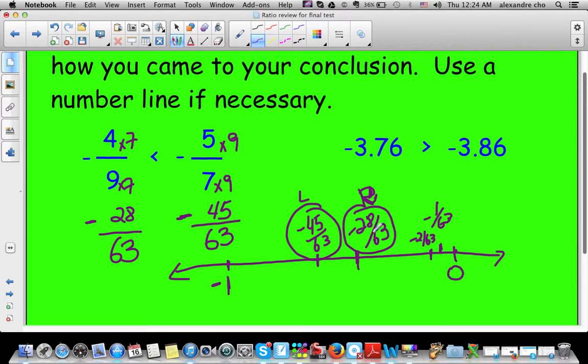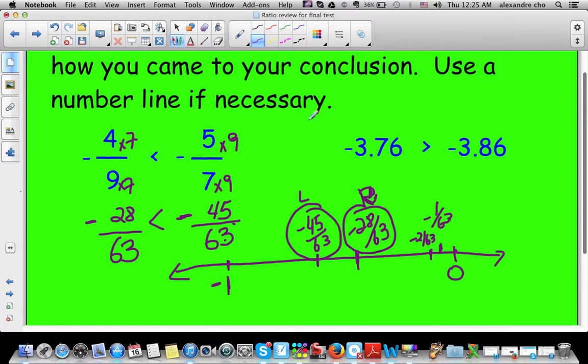The number on the right is always greater because it's closer to 0. So the statement was that this first fraction, negative 28 over 63, is smaller than negative 45 over 63, and that is obviously not true. Negative 28 over 63 is greater than negative 45 over 63. Okay?